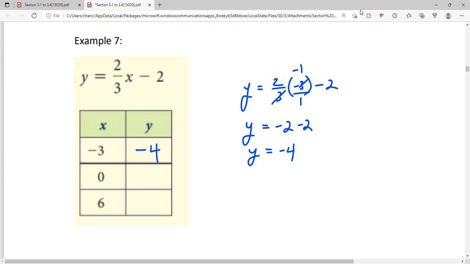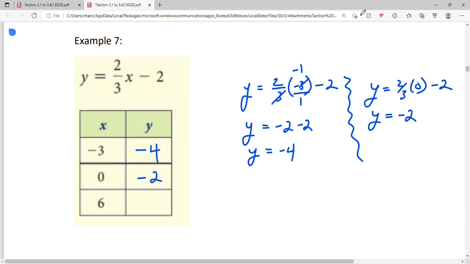That's my first ordered pair, negative 3 comma negative 4. We'll do it again. Let's substitute this time with a 0. y equals 2/3 times 0 minus 2. That's nice because the 0 cancels out the 2/3. And so y equals negative 2 is our solution there.